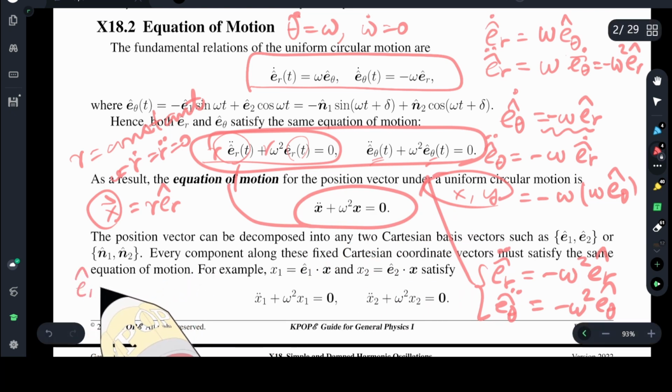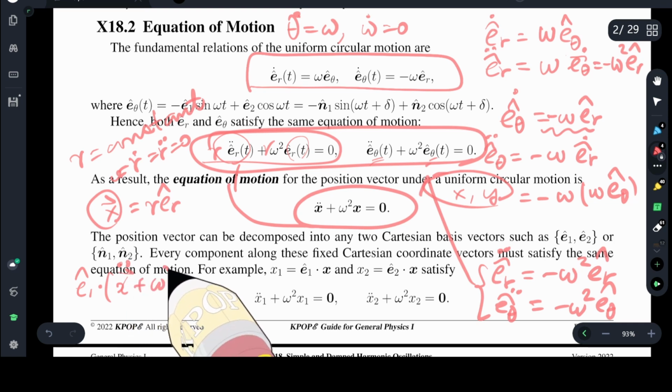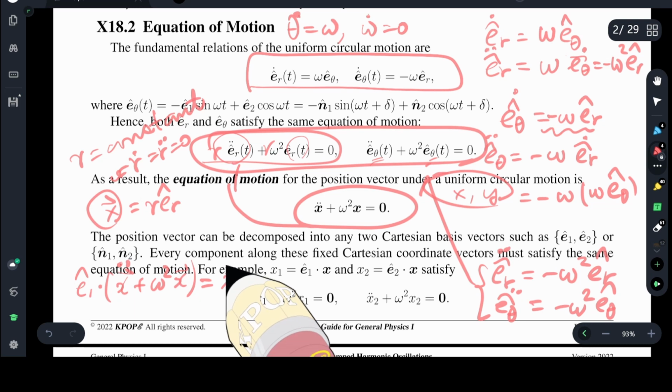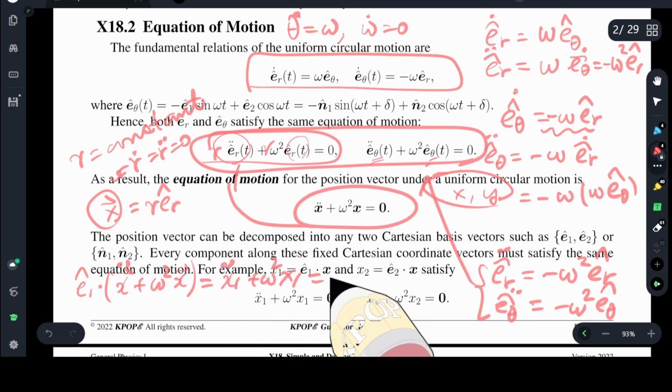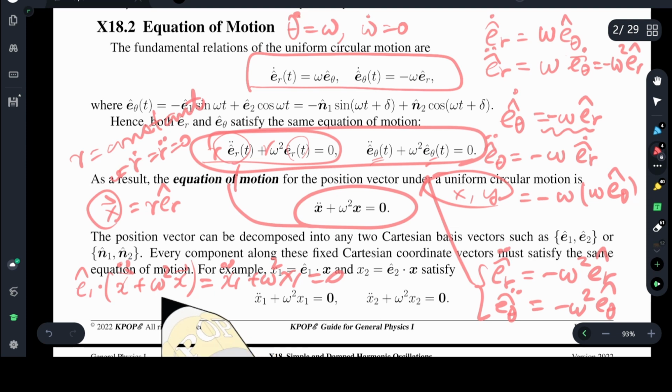So e1 hat dot (x vector double dot plus omega squared x vector) equals x1 double dot plus omega squared x1. And that is 0. This is true because for a Cartesian coordinate unit basis vector, its time derivative and its double time derivative are both 0.